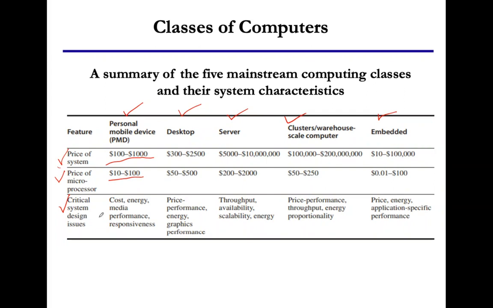Similarly, the next class of computers is desktops. Their prices lie between $300 to $2,500, and the microprocessor cost is $50 to $500. In terms of the critical system design issues, there are price performance, energy, and graphical performance.